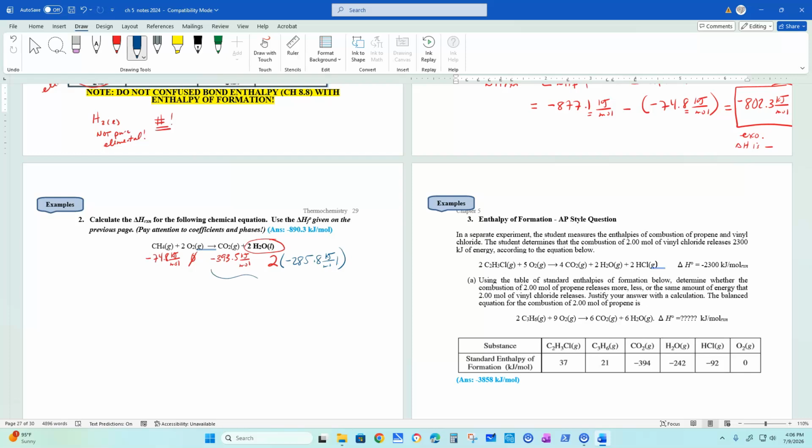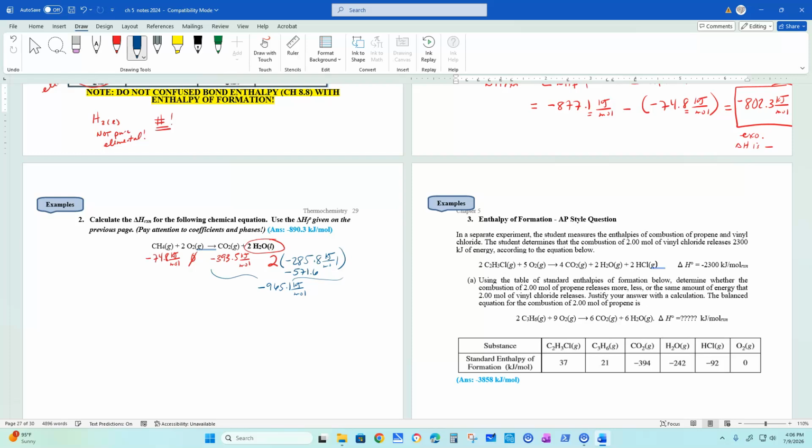Oh, I got to take my 2 times my negative 285.8. And I get right here negative 571.6. And I'm going to add these two together, with 393.5. So I get a total right here at negative 965.1 kilojoules per mole.